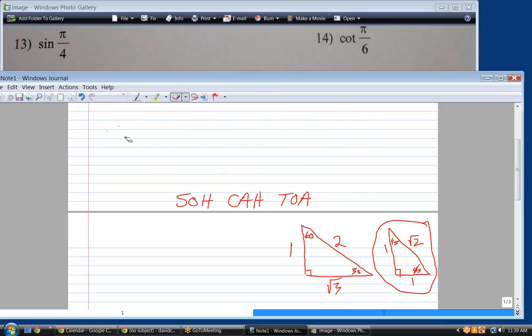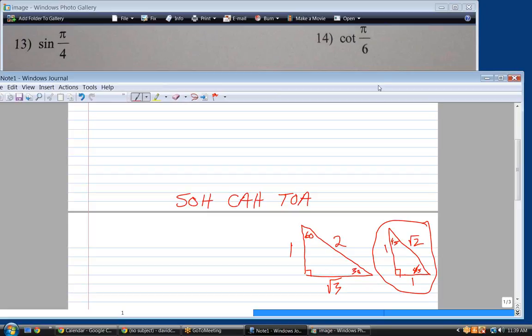So what's the cotangent of, what angle is that? It's 30, well, it's 30 degrees and it's cos, or is it tangent? Yeah. So it's tangent 30 degrees.